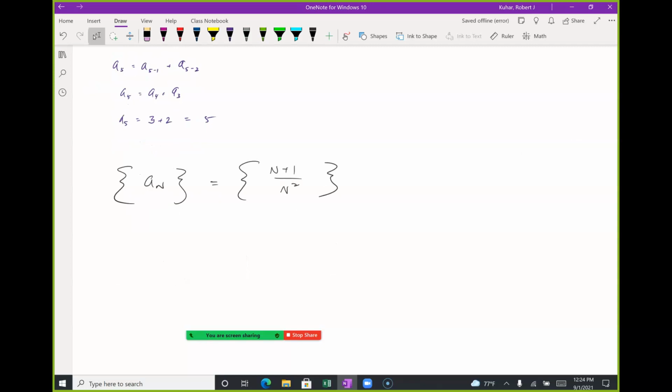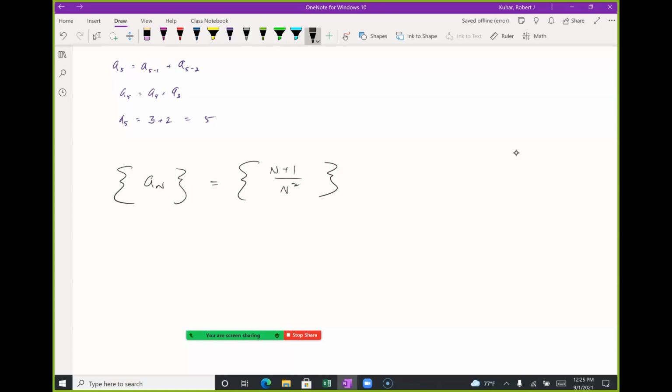So they might give me the nth term, or I might have to come up with the nth term. So this is the first little game we're going to play, types of problems. If I give you a formula for my sequence, can you write out some terms for me?